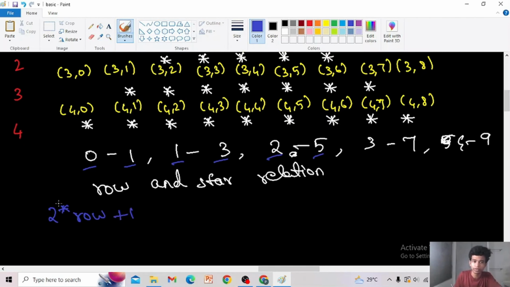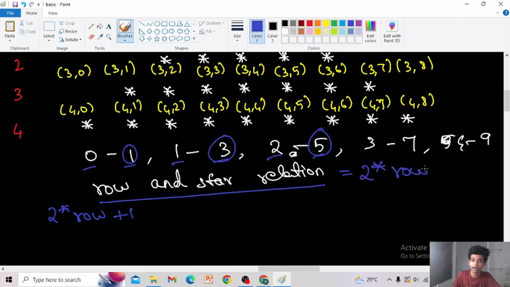Yes, because 0 into 2 is 0, 0 plus 1 is 1. And then 1 into 2 is 2, 2 plus 1 is 3. 2 into 2 is 4, 4 plus 1 is 5. So now I have got the row star relationship: stars equal 2 into row plus 1. So in each row I want to print stars for 2 into row plus 1.